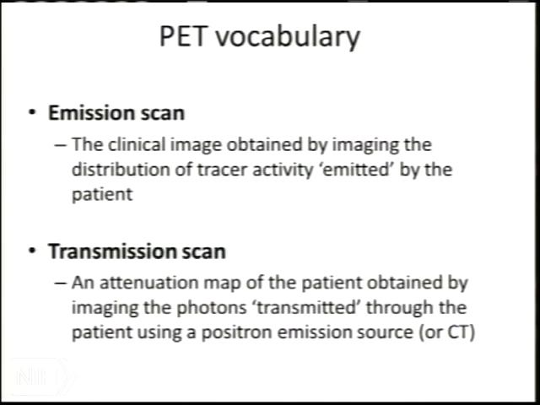So just a few words about the vocabulary. I'm going to finish up in just a second. We have the emission scan, which is the way the activity is emitted by the patient. And then there's a transmission scan, which is an attenuation map of the patient. And that relates to how much CT attenuation there is.